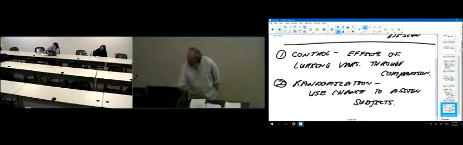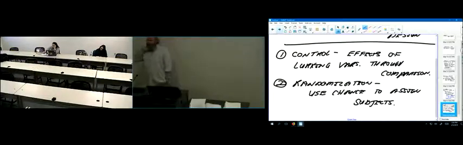Now, I don't know how many different ways I can write the same thing for you tonight. 1 and 2 is a randomized comparative experiment, right? You randomly assign the subjects to the treatment, and 1 is you always use comparison, and that's to control the effects of the lurking variable. That's the thing that was the first terms I wrote up tonight, randomized comparative experiment.